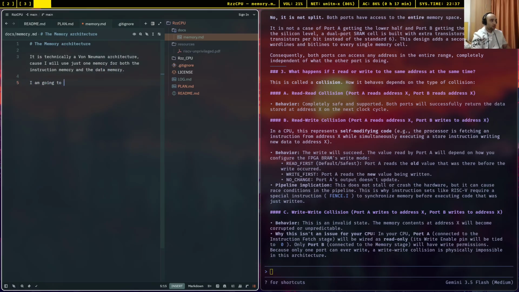I am going to use VRAMs with a dual access port.